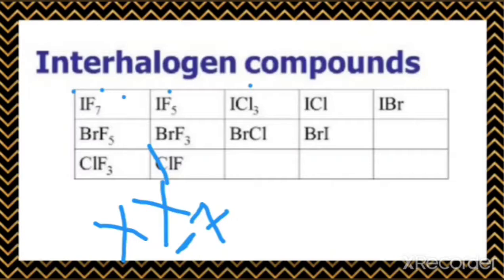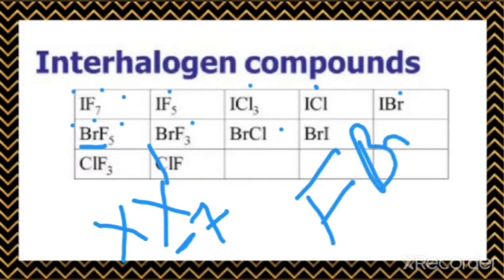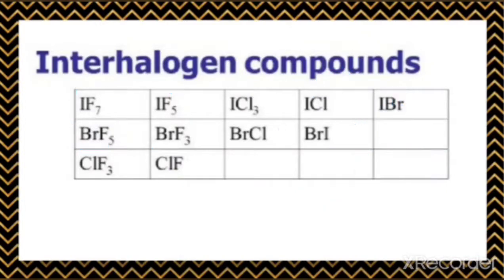Similarly, we have ICl3, ICl, IBr, BrF5, BrF3, BrCl. When you compare BrF5, F is smaller than Br, so we cannot write FBr5. This is not correct because in this case the first one should be the smaller one. So these are the different examples of interhalogen compounds shown in tabular form.